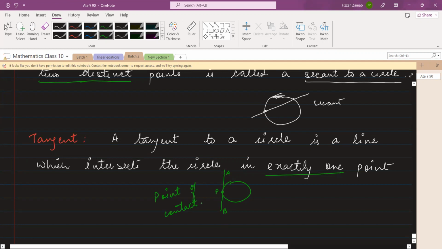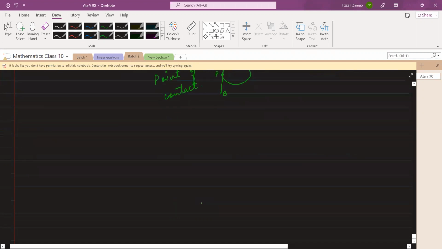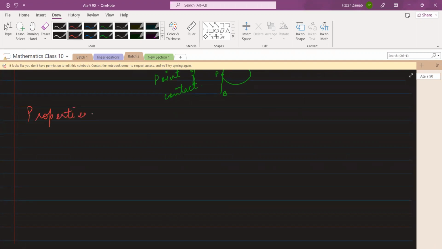Point of contact means the point where the tangent is touching the circle, or intersecting the circle at only one point. Fine. Now let us discuss some properties of tangent to a circle.